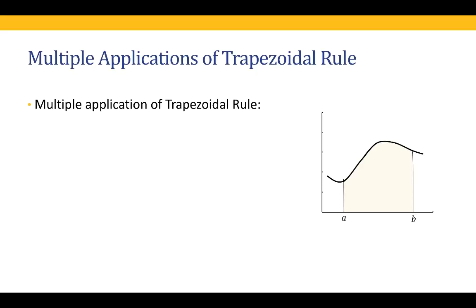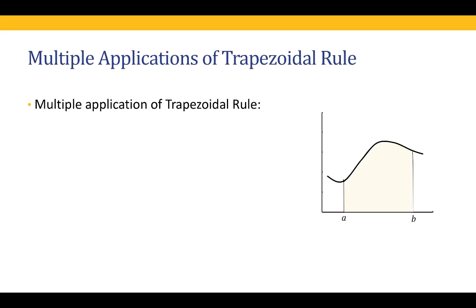Instead, what we can do is divide this entire region into multiple intervals and then calculate area using trapezoidal rule for each of those intervals. Then we sum up all those areas in order to get net area using trapezoidal rule.